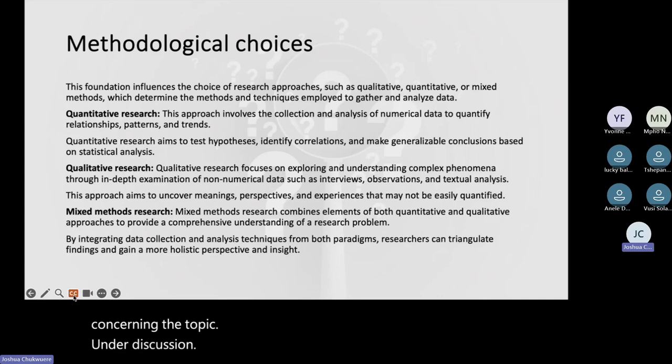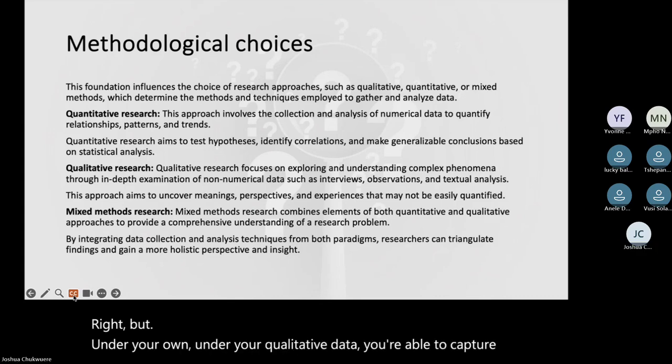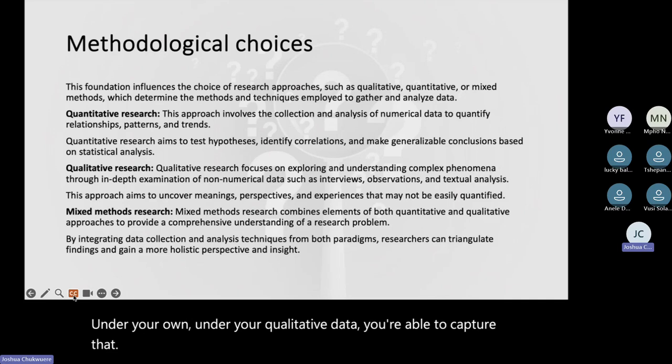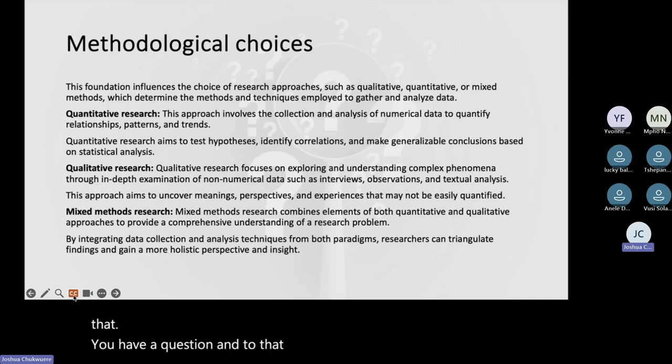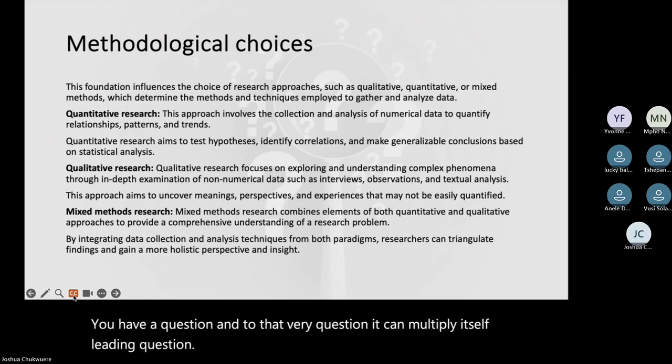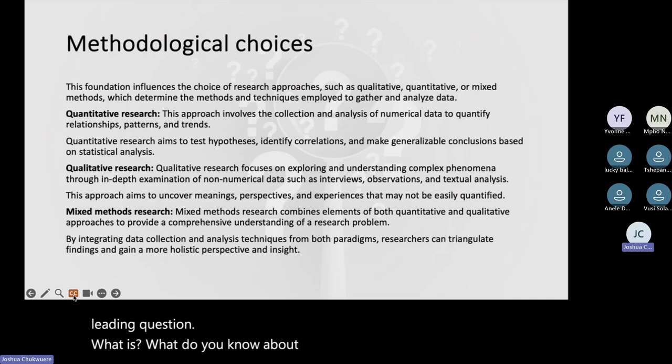But under your qualitative data, you're able to capture that. You have a question, and that very question can multiply itself, leading to follow-up questions. For example, what do you know about generative AI? The person gives an answer.